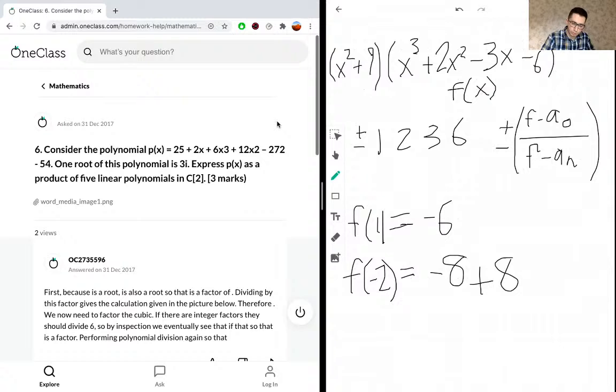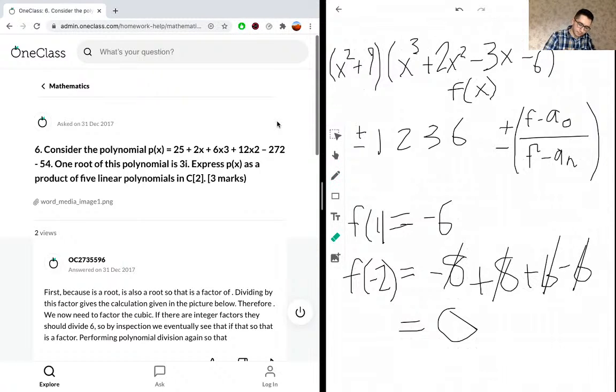Then we have negative 3 times negative 2, which is positive 6. And lastly, minus 6. The 6's cancel out, the 8's cancel out, and we're left with 0. So we know x equals negative 2 is a root of this function.